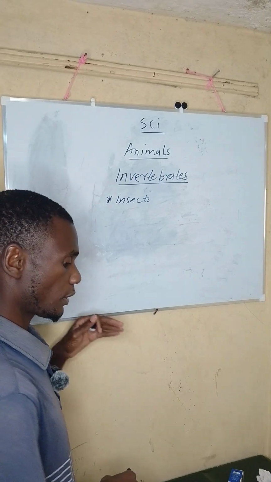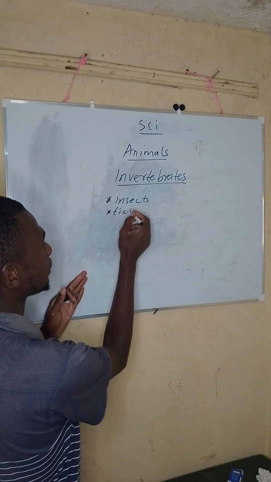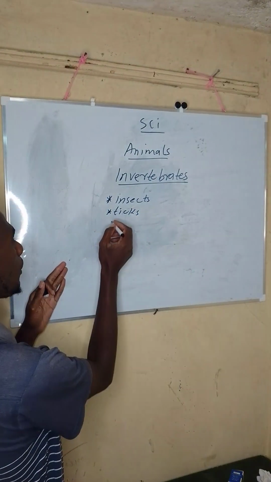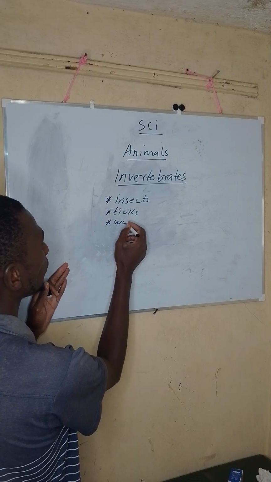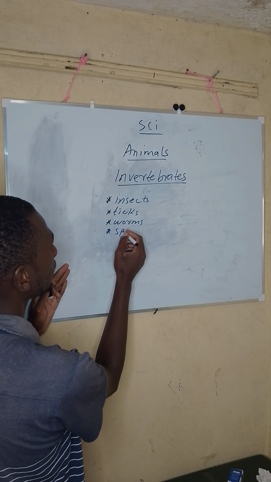We also have ticks as also an example of an invertebrate. We also have worms. We have spiders.